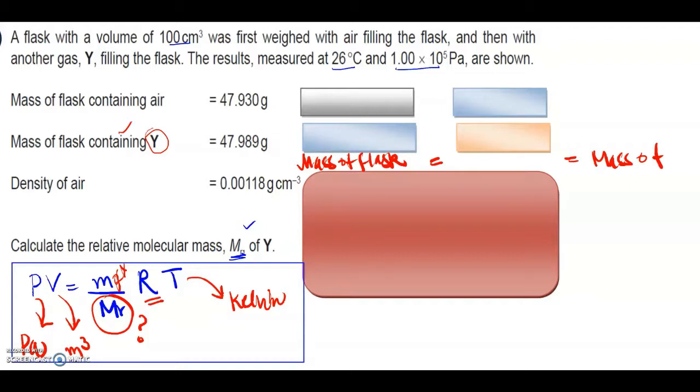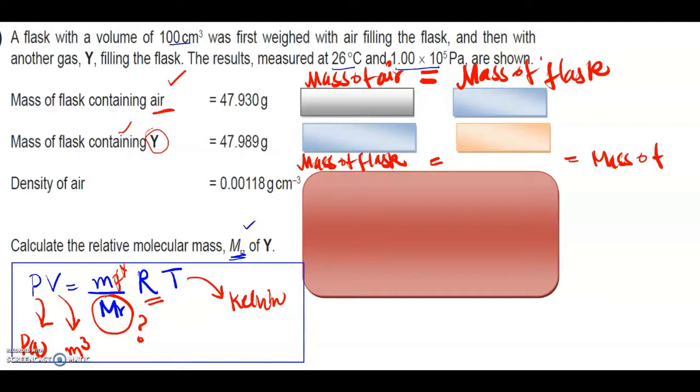Instead, the mass of flask containing air is given. So if you subtract the mass of air from the mass of flask containing air, you can calculate the mass of flask.